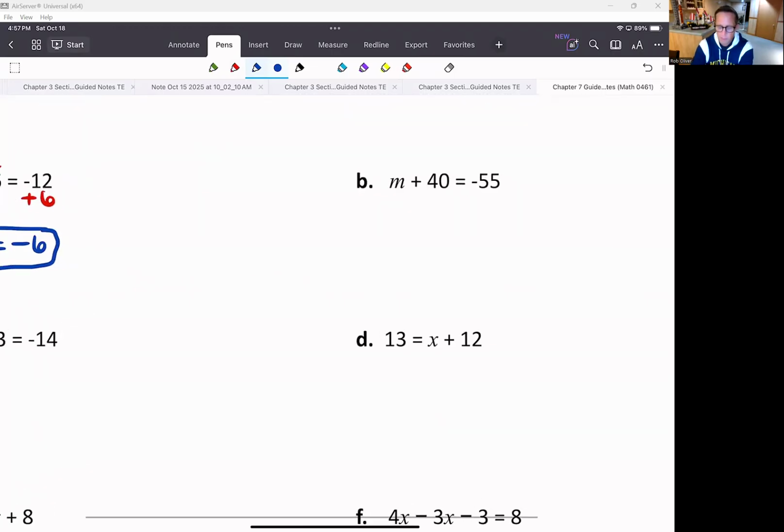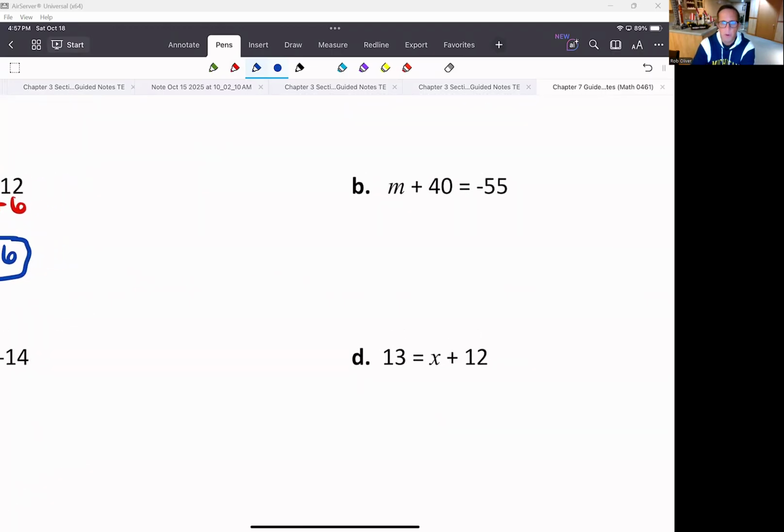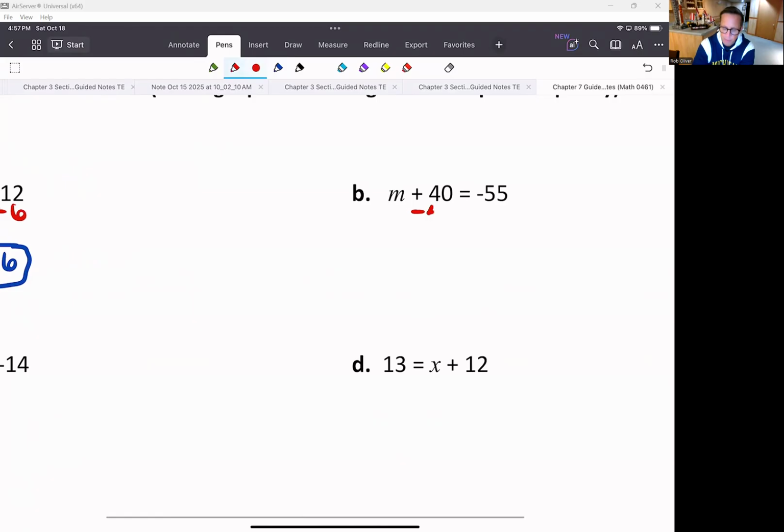All right, on the next example, this is another one-step equation where we have plus 40 on the m side, on the variable side. We're going to do the inverse of that, which is taking away 40. So if we're taking away 40 on the left side, we're going to take away 40 on the right side. Those cancel off on the variable side, and we have m.